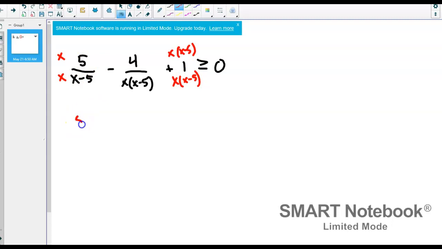When I do that, I get 5x. I still have minus 4 here. And then I have plus x squared minus 5x here. And then those are all over the x times x minus 5 for all of these.